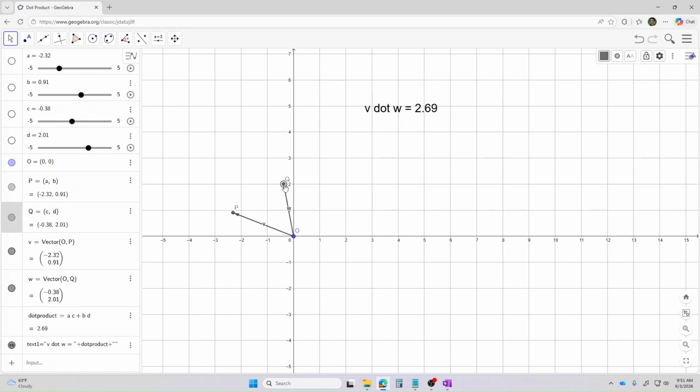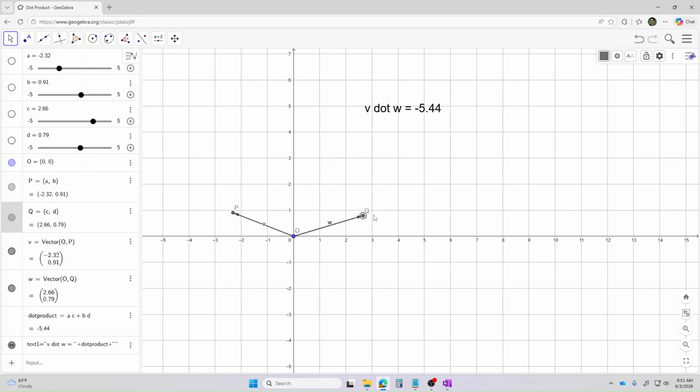As I adjust the vector w to point in an opposing direction to v, what we see is that dot product becoming negative as those two vectors begin to separate from each other. So now the vector v and w are separated by a very large angle, and so that's showing up as a negative dot product. So that's a verification of what we found earlier.